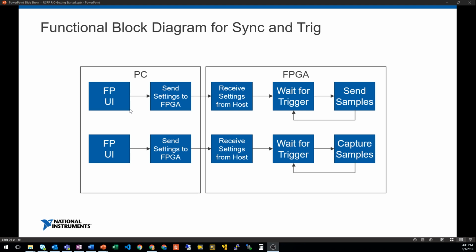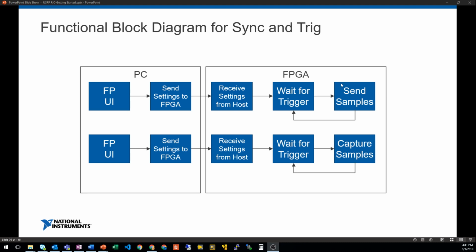So this is the functional block diagram for sync and triggering. So again, we're going to start from the front panel UI. We're going to send some settings to the FPGA. We're going to receive some settings from the host on the FPGA side, and then we're going to wait for a trigger, and then we're going to send samples, and then either we're going to come back and wait for a trigger again, or if it's continuous, we're not going to wait for anything.